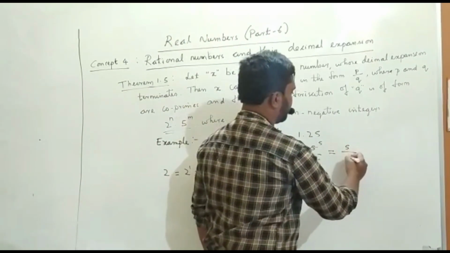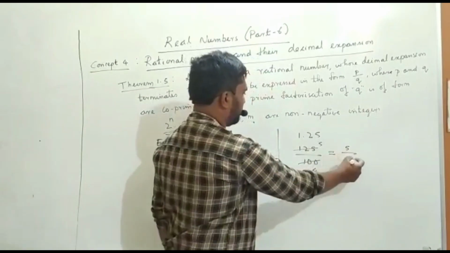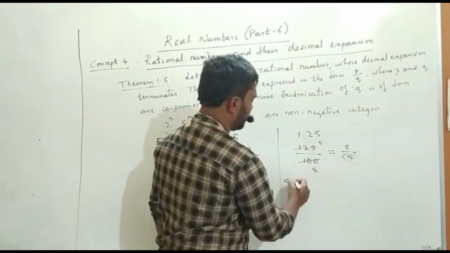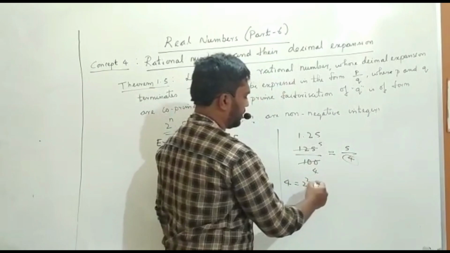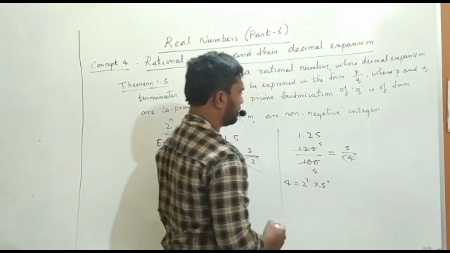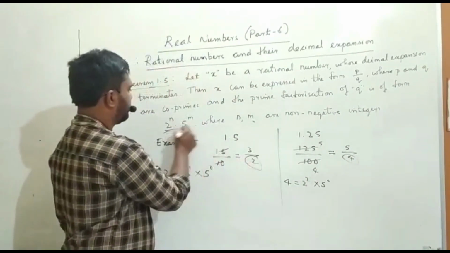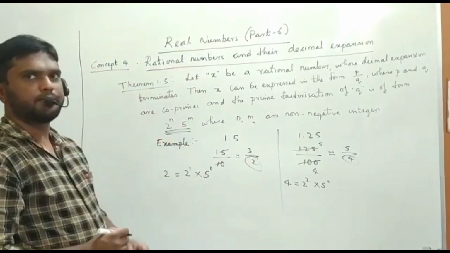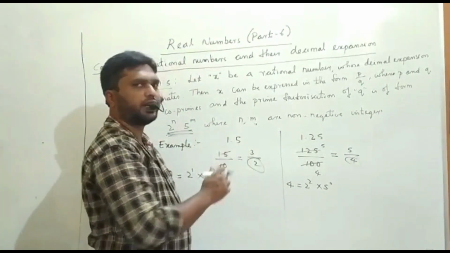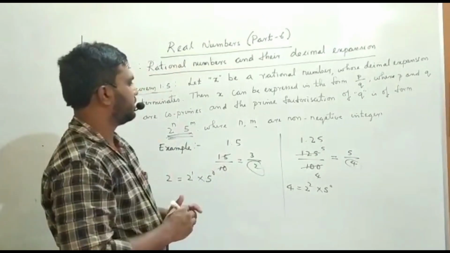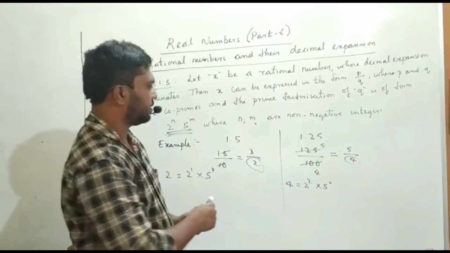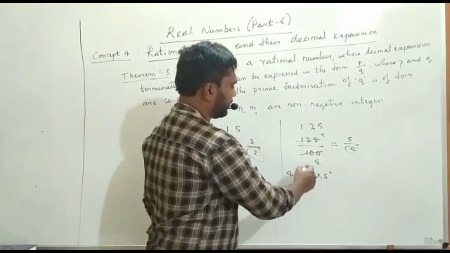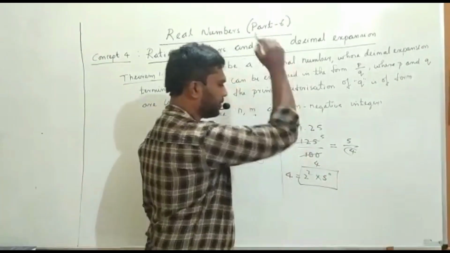It becomes 5 by 4. Q, 4, can be written as 2 square into 5 to the power of 0. It is in the form of 2 to the power of n, 5 to the power of m. So for every terminating decimal expansion, the prime factorization of q will be of this form.